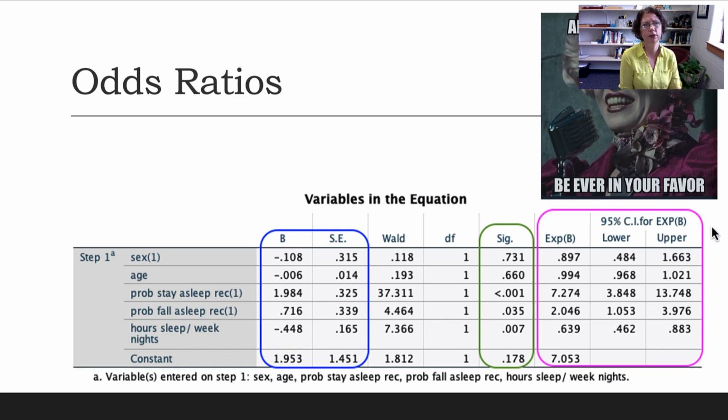And odds ratios indicate how many more times or less likely the case would be a yes in the categorical outcome. For example, the predictor of trouble staying asleep, that third row, has an odds ratio of 7.274. This means that those who report having problems staying asleep are 7.27 times more likely to report a sleeping problem.